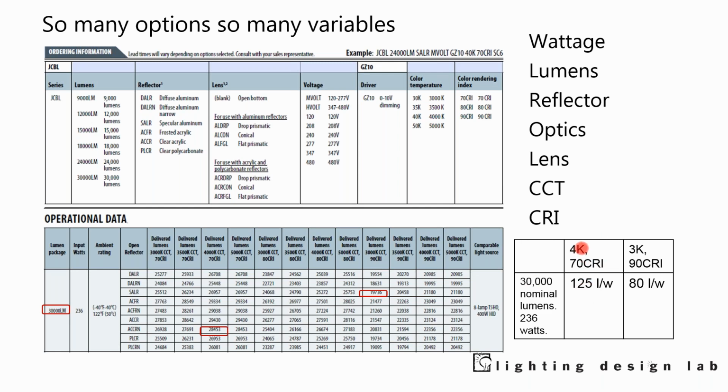The difference between the 4,000 Kelvin 70 CRI and the 3,000 Kelvin 90 CRI is that I go from 125 lumens per watt down to 80 lumens per watt. Don't get me wrong, 80 lumens per watt is still good. And if I'm doing a Target or a food court, I have to have 90 CRI, but I do pay a price dollar-wise and also in terms of energy consumption to achieve that goal.